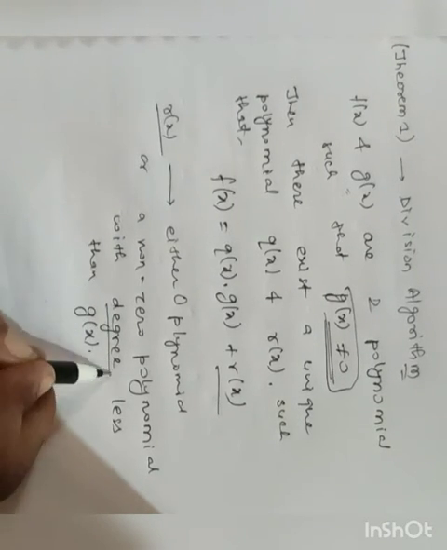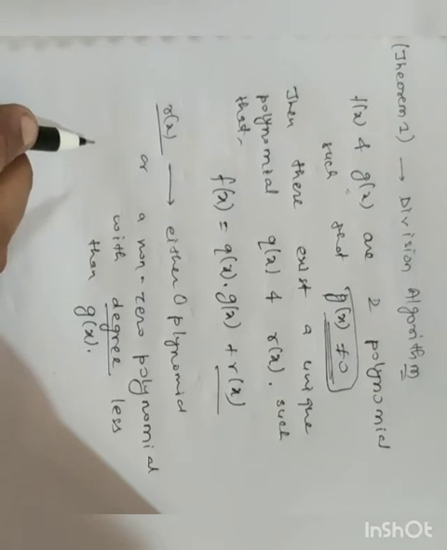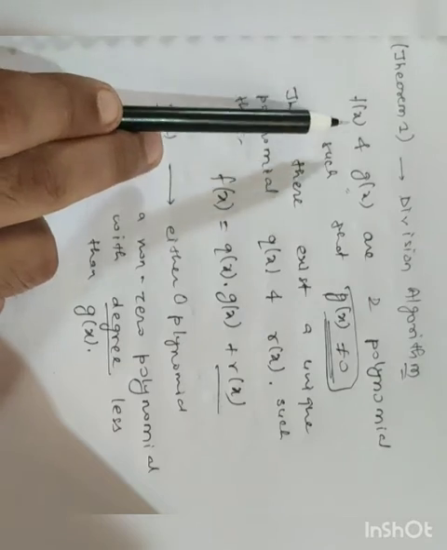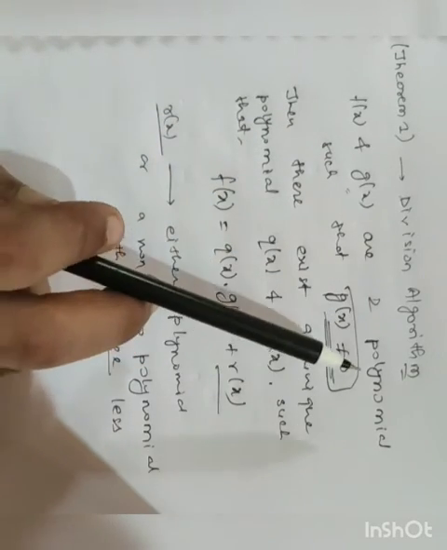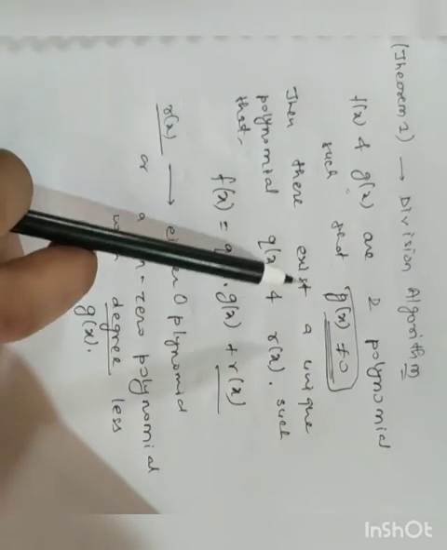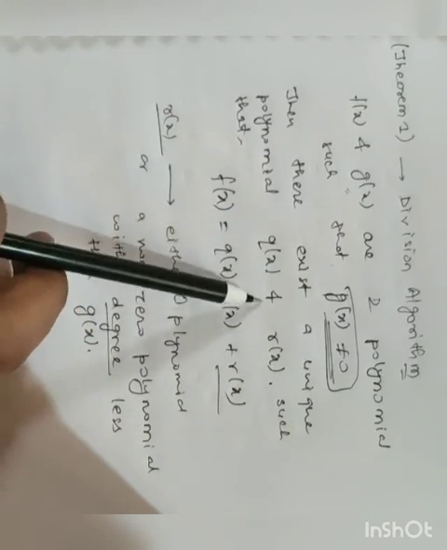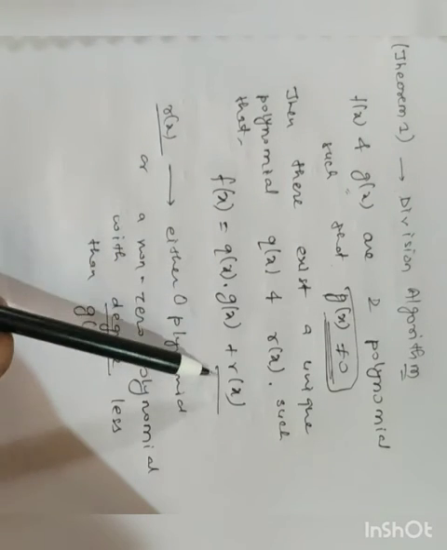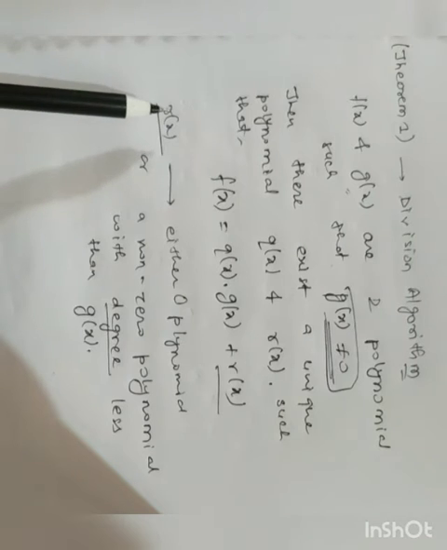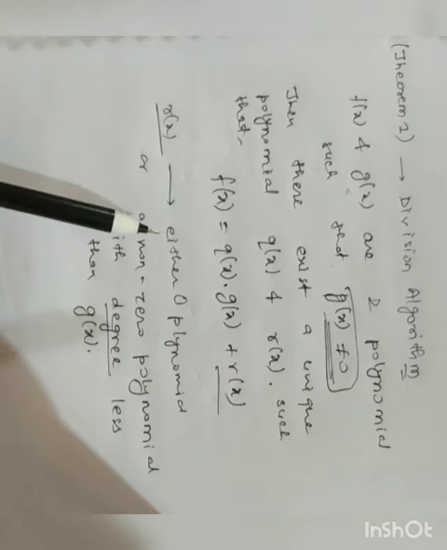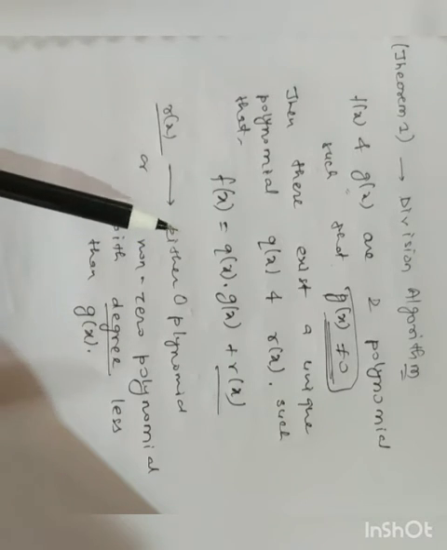We have already talked about degree. So according to the division algorithm, let f(x) and g(x) be two polynomials such that g(x) is non-zero. Then there exist unique polynomials q(x) and r(x) such that f(x) equals q(x) times g(x) plus r(x). The r(x) will be either a zero polynomial or a non-zero polynomial with degree less than g(x).